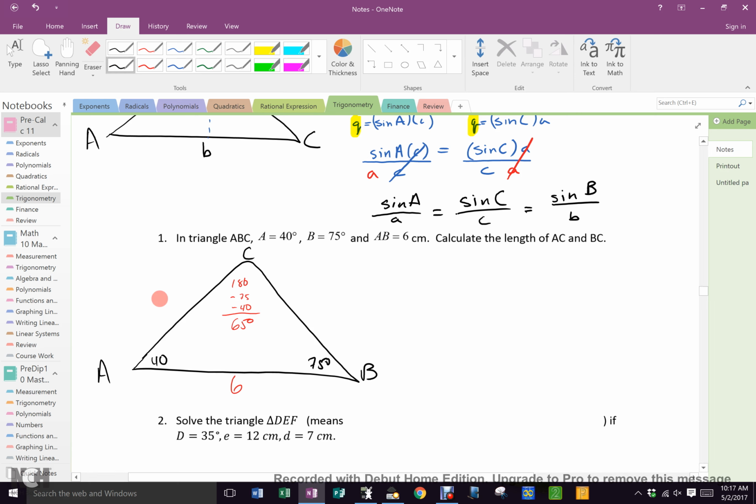So now I look to myself and I say, okay, how am I going to figure out X and Y? Well, I have an angle and its opposite side, don't I? So I can use the sine law. Sine of 65 over what? 6. Or I could do 6 over sine 65, couldn't I?